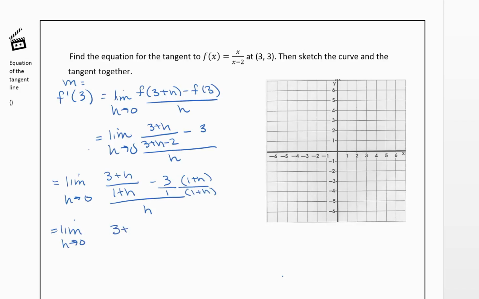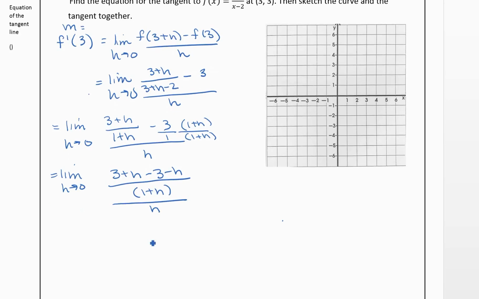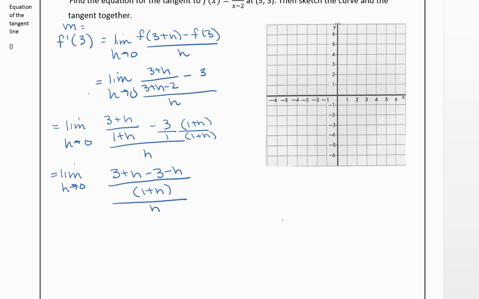So we're going to have 3 plus h, and then if we distribute this, we'll have minus 3 minus 3h, all over 1 plus h, all over h. Here you'll see the 3's cancel out, and oh, this should be minus 3h when we distribute.